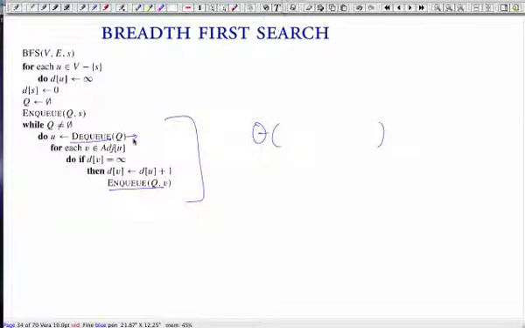A DQ operation takes how much time? Yep, if you use an array, it just means pull off the top. And an NQ operation takes constant time too, because it just means put it at the back of the array. So both of these operations are order 1.